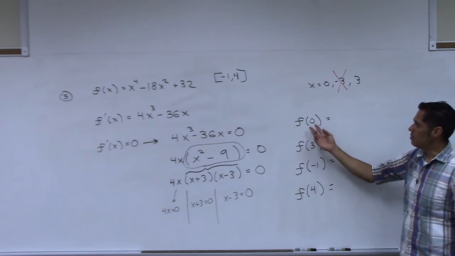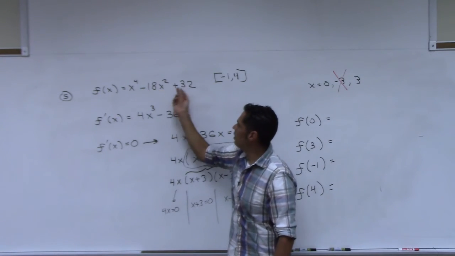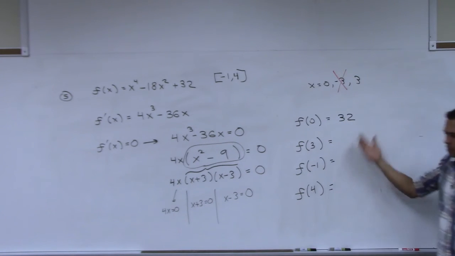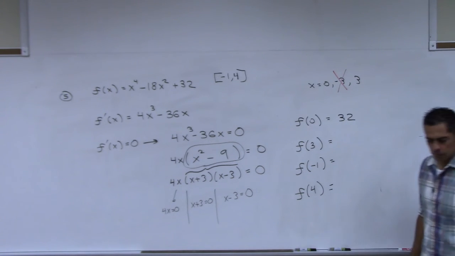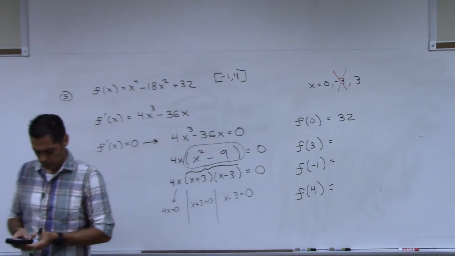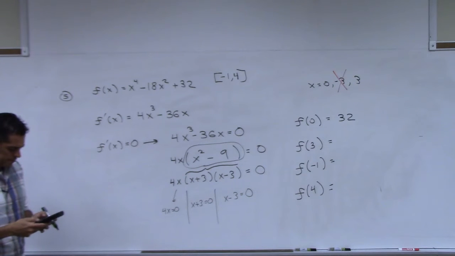Okay, I'll do this one because this one's easy. Plug in 0. Gone, gone. I just get 32. And then you have to plug these in. Are there any questions while I'm plugging these in?